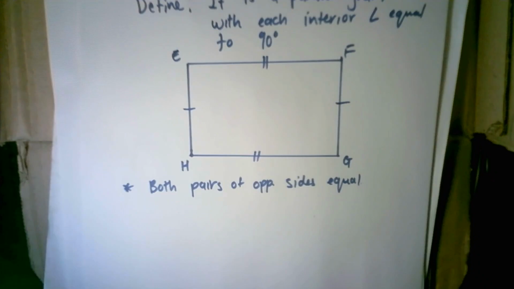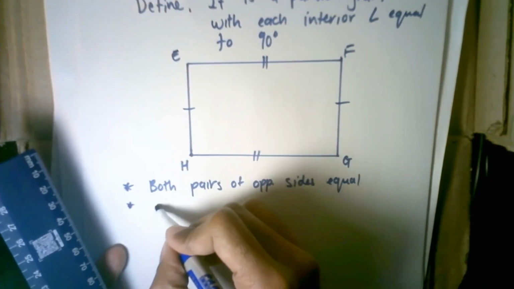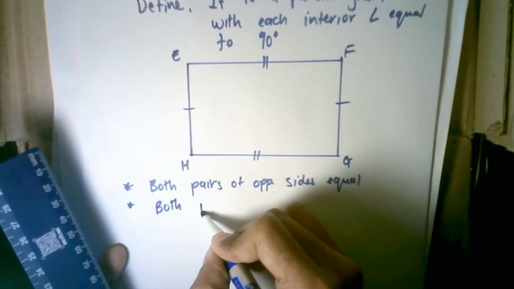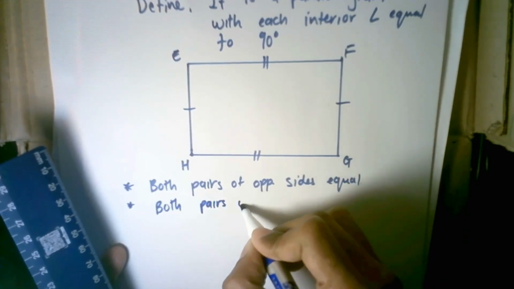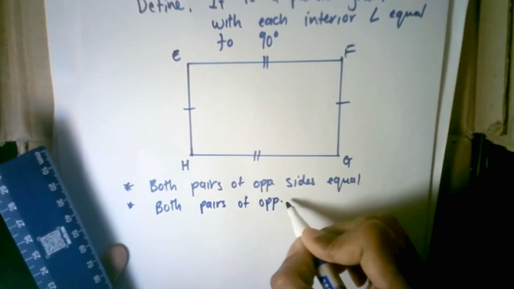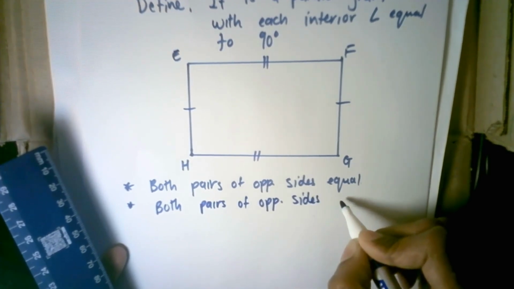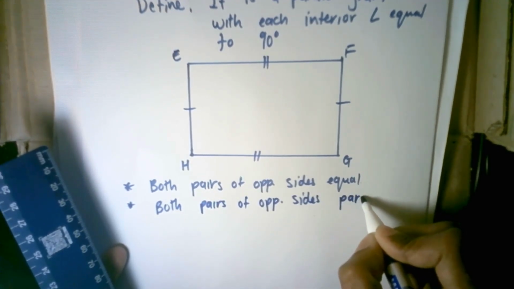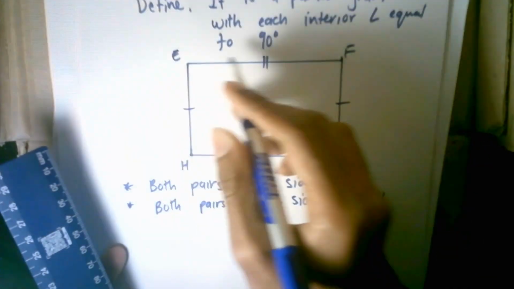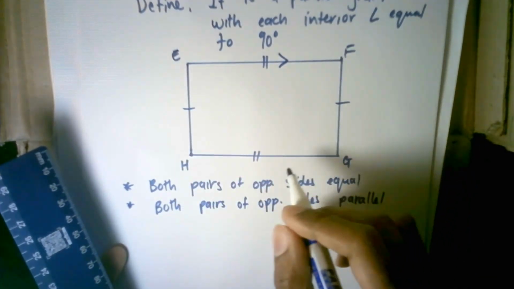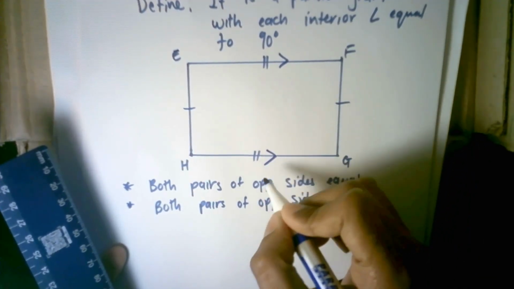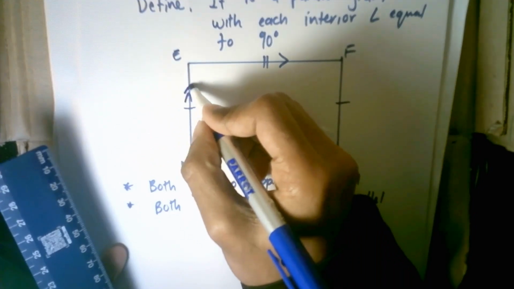Both pairs of opposite sides are parallel. So EF is parallel to GH, and EH is parallel to FG.